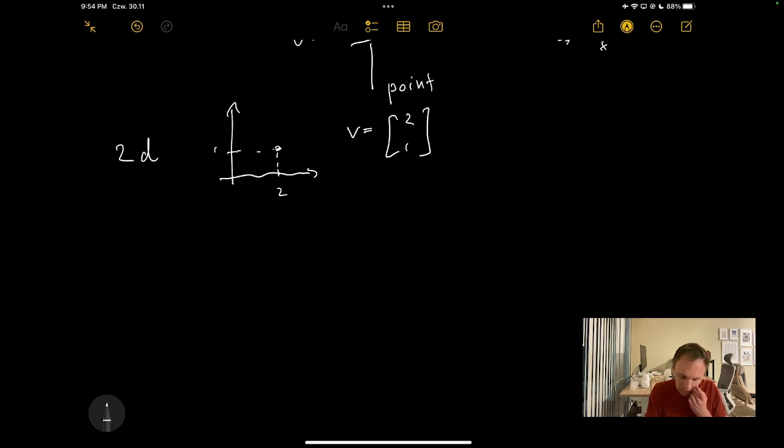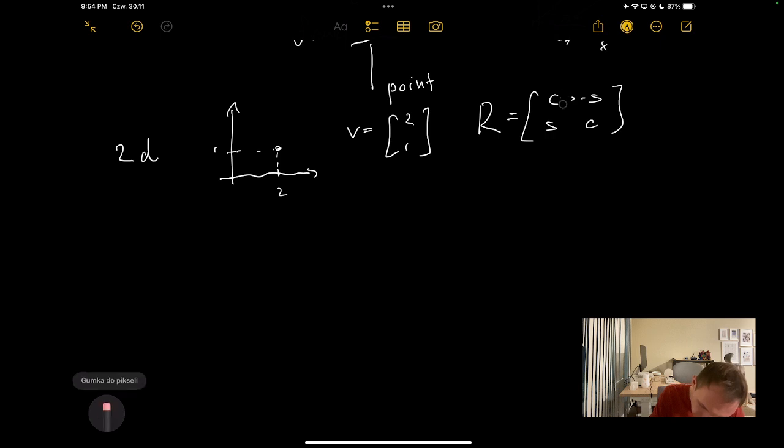And then I may have a rotation matrix, and you could just read it on Wikipedia, but I remember it like C minus S C. This is short for cosine: cosine alpha, sine alpha, cosine alpha, and then minus, important thing, minus sine alpha. And my rotated vector v prime is R times v.